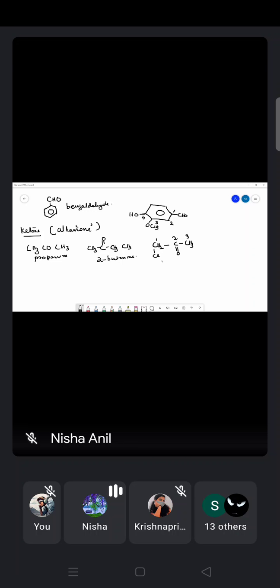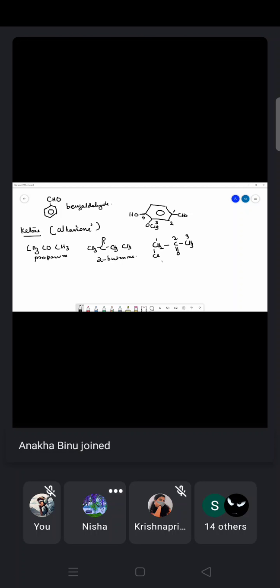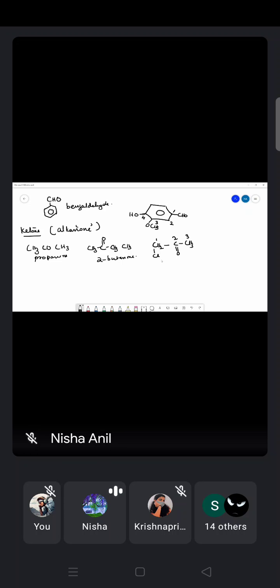This is 1-chloro-2-propanone or 1-chloropropanone, because this carbonyl group will always be present between 2 carbon atoms. So it doesn't get the first number, always starting from 2. So 1-chloropropanone. The position is understood.